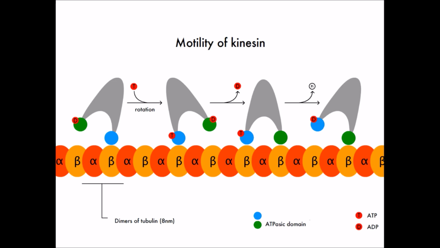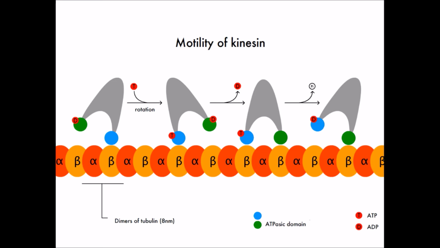As it has ADP attached, it can bind to one of the beta subunits, and that allows it to then bind ATP. And then the other foot does that as well. It is then going to hydrolyze the ATP to ADP, which allows it to unbind and swing forward, and then bind again. And that's going to be replaced with ATP.